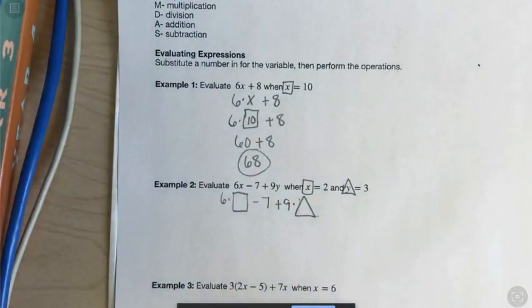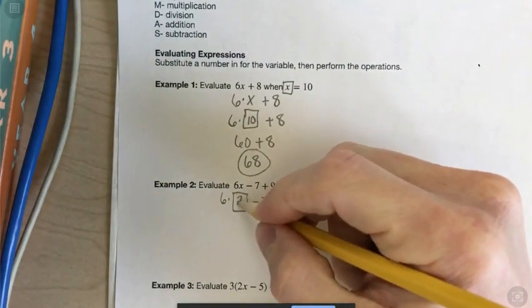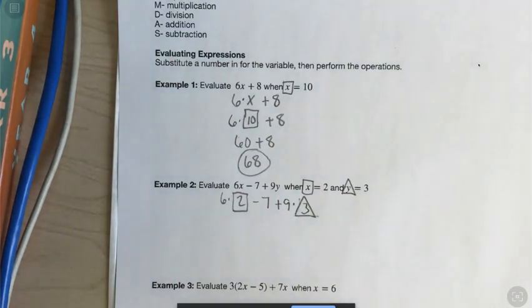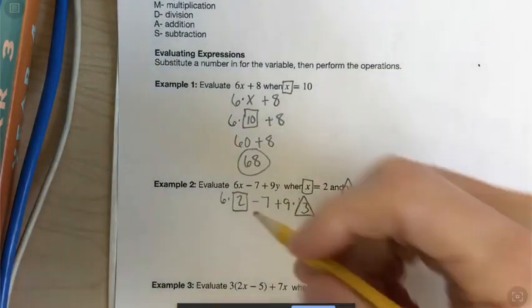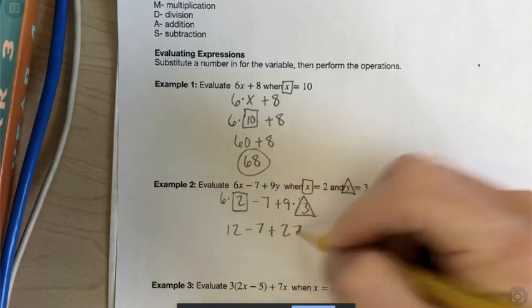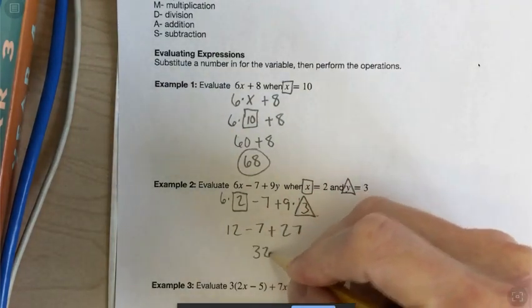So all that means is we now have 6 times 2, and we have 9 times 3. That's going to become 12 minus 7 plus 27, which is going to be 32.